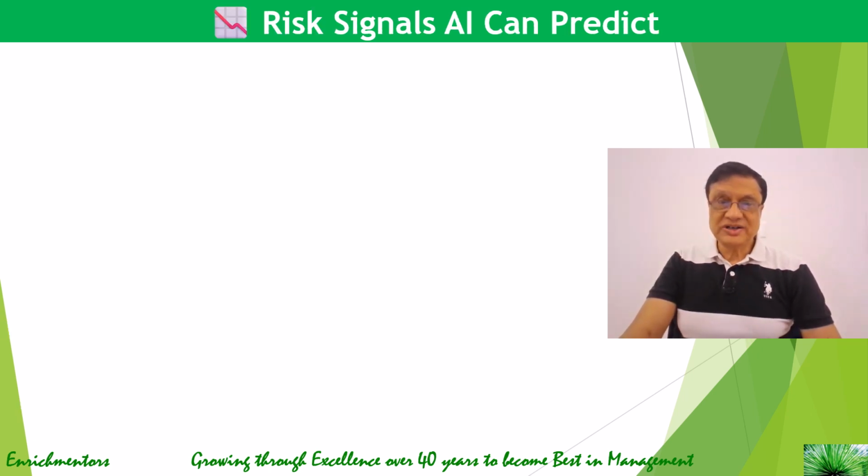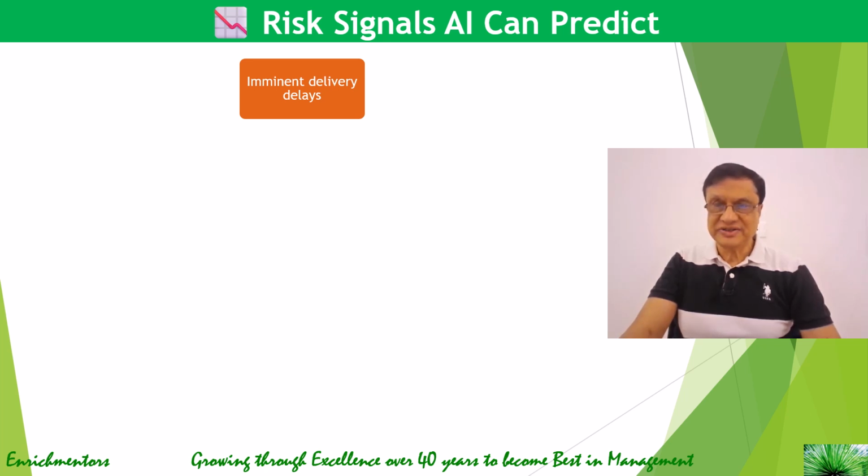What risk signals can AI predict? It can predict immediate delivery delays, the likely delay in the delivery of goods and services. It can also send signals on the likelihood of quality issues: what are the chances your products or services delivered would fail on quality parameters?